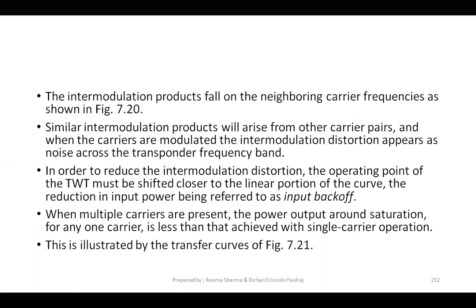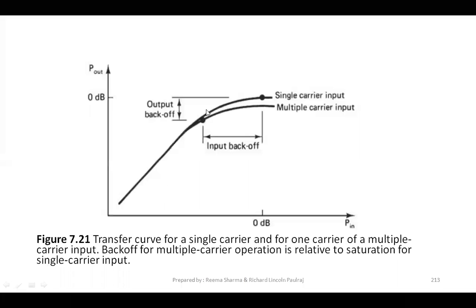In order to reduce the intermodulation distortion, the operating point of the TWT must be shifted closer to the linear portion of the curve. Here you can see that from the point of non-linearity, I will make sure that I decrease my input, because I have control of my input power.